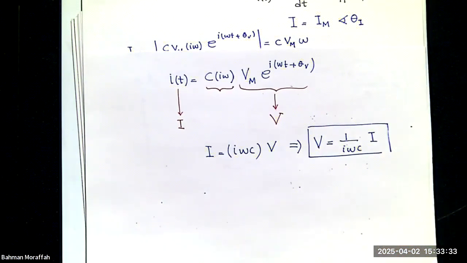Obviously, I can find the VI relationship, and V equals 1 over i omega C times I. Look what happened. Again, I was able to find Ohm's law-like relationships. So if I have a capacitor, I can change the value of the capacitor by 1 over i omega C in the frequency domain, and then treat it just like a resistance, because I have a relationship between V and I that follows Ohm's law.